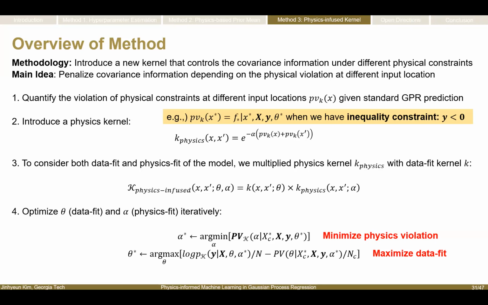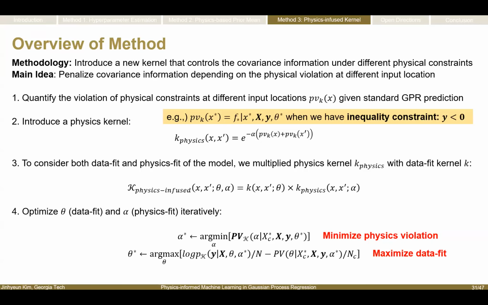No, but let's say you want to preserve the mass. Maintain mass. So if you have mass conservation as a constraint, how would that physics kernel help you? So let's say you have a conservation law, like mass conservation for different species in kinetics. So how does this kernel help you?